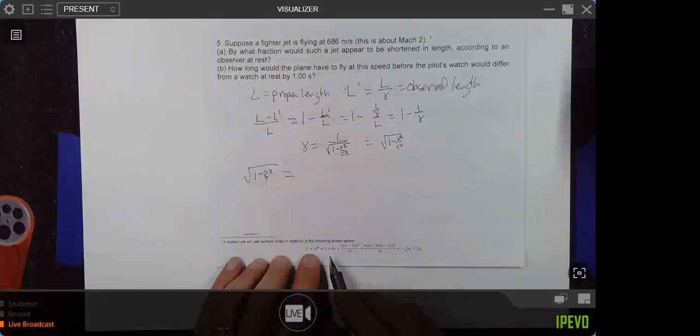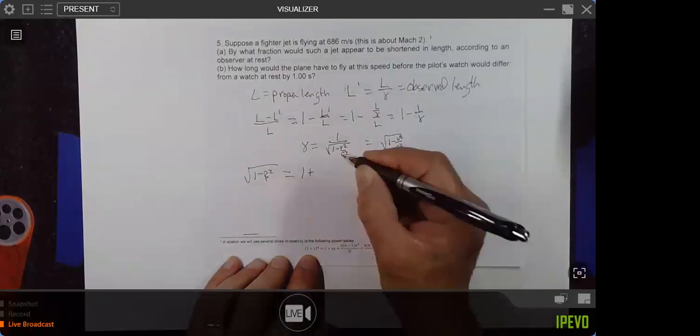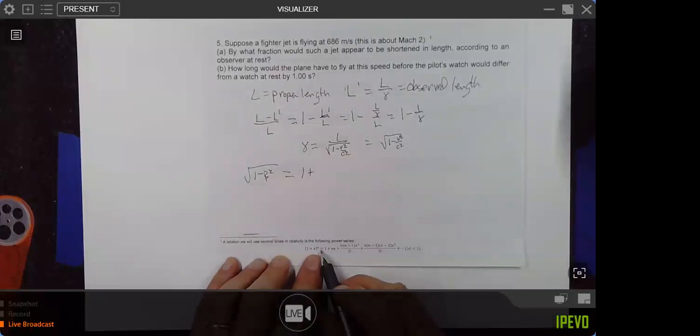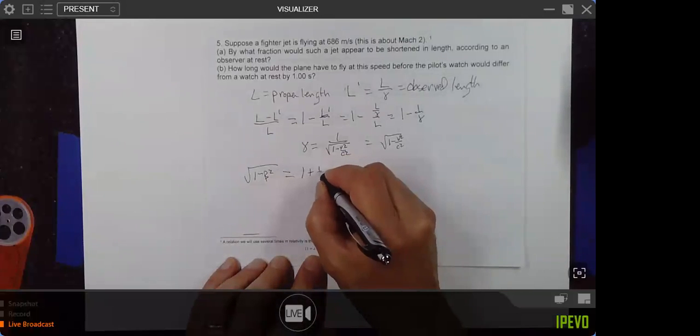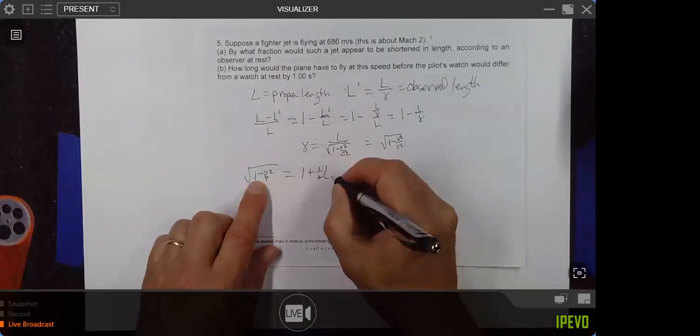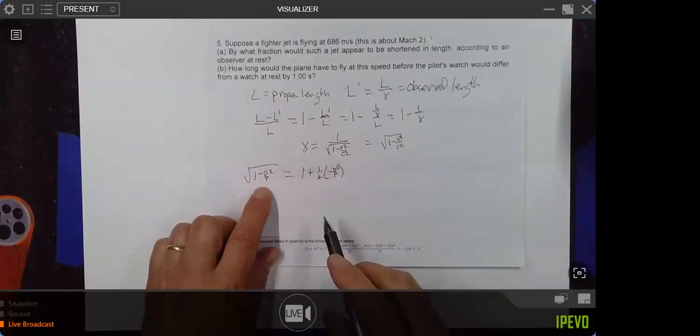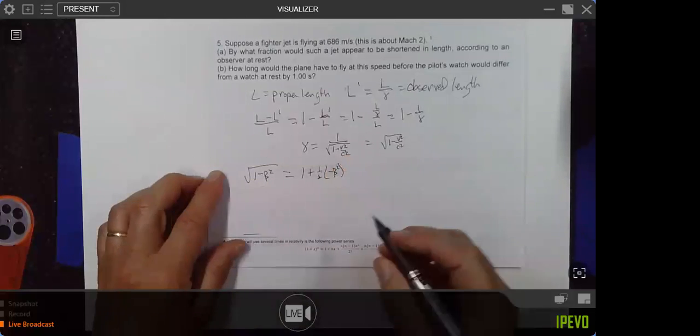Using the series expansion on here, I will get 1 plus. Now my n is 1/2. My x is minus beta squared, which is going to be pretty darn small in this case.